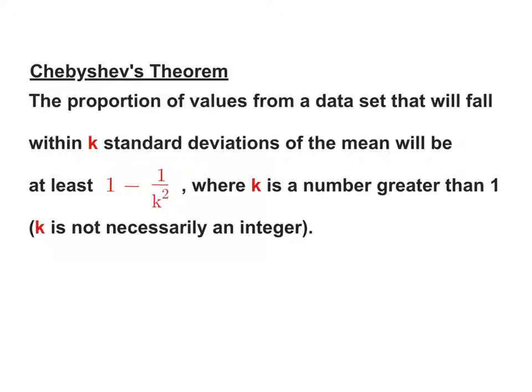Today we're going to talk about the number of standard deviations away from the mean. The distance away from the mean is one standard deviation, and so for each particular problem, one standard deviation, two standard deviations, the standard deviation for the problem will tell you how far away from the mean you actually are. This formula, 1 minus 1 over k squared, is what's going to be most important.